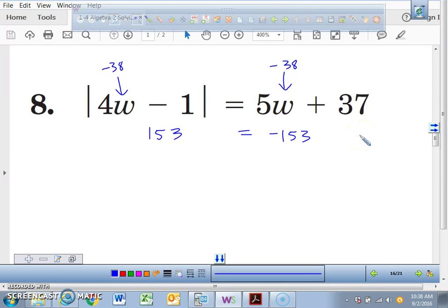No. By the way, here's how I know. If I have $153 in my bank account, and you owe somebody $153, I'd rather be in my situation than your situation. So these right here are definitely not equal to each other. When you plug in a solution, it does not work out.